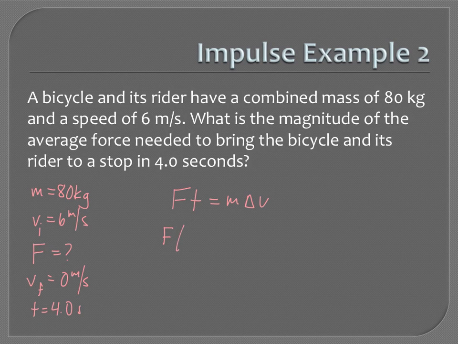F times T, which is 4 seconds, equals 80 kilograms times delta V, 0 meters per second minus 6 meters per second.